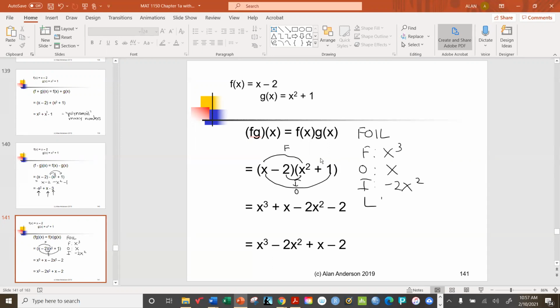And then finally last would be these two terms, which is negative 2. So I'm going to consolidate. First, I write them all out, and then in this case, I can't really combine any of them, but I can change the order. Remember, we want the exponents to be listed in descending order. So I'll rewrite this as x cubed minus 2x squared plus x minus 2, and I'm done.